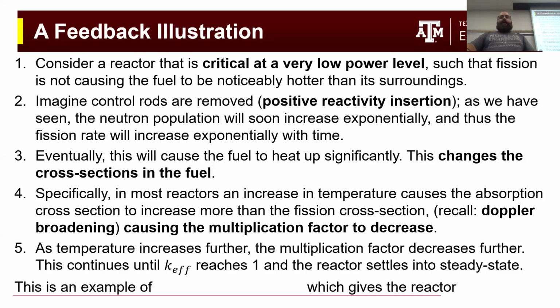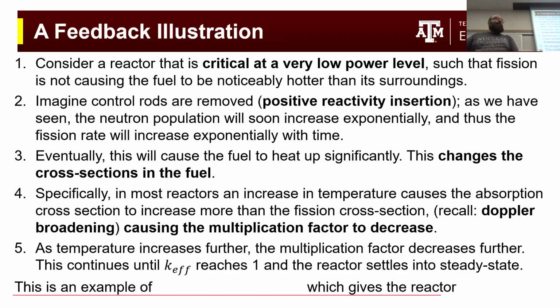If that reactor has control rods, we could remove them, which would add positive reactivity into the system. Now we've gone from critical to supercritical. That means our neutron population, and therefore the flux, is going to increase exponentially, and so the reactor power and the fission rate increase exponentially with time.